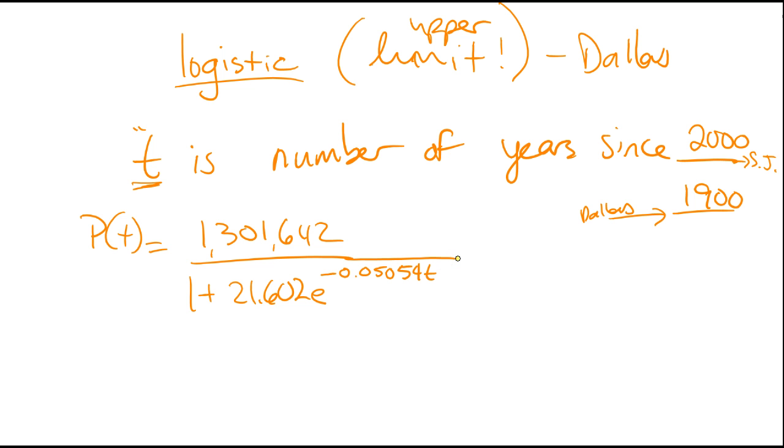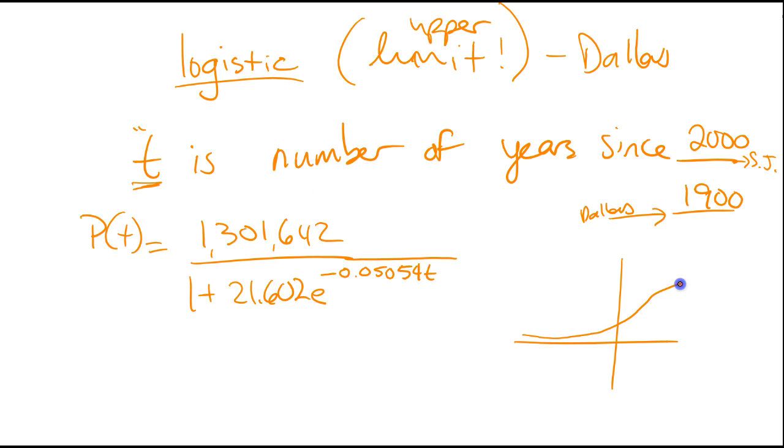So big long equation, lots of numbers, but we can sort of look at this and understand that when t is the number of years since 1900, then we can make a table of values and realize that the upper limit to the growth is 1.3 million.